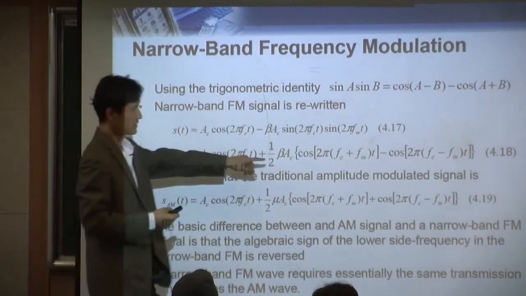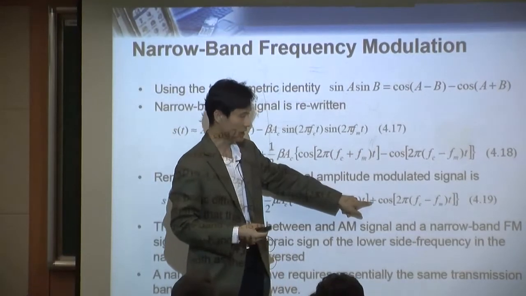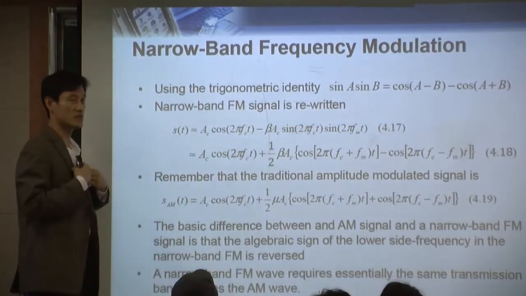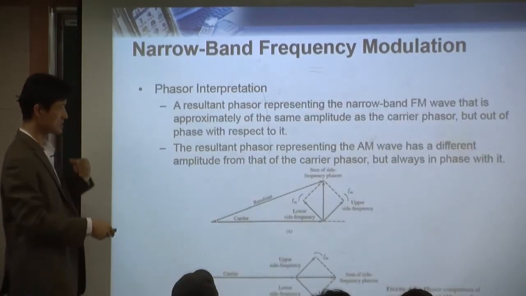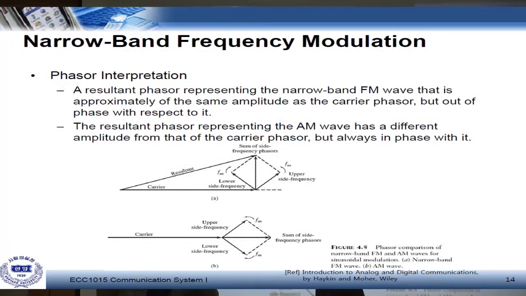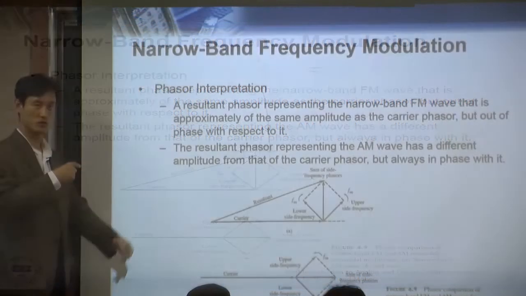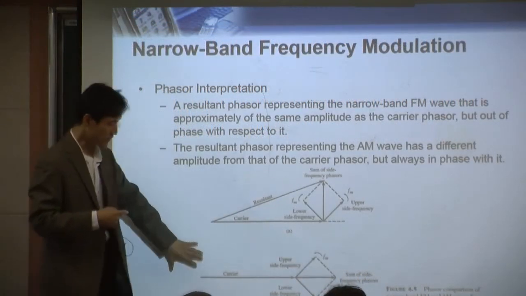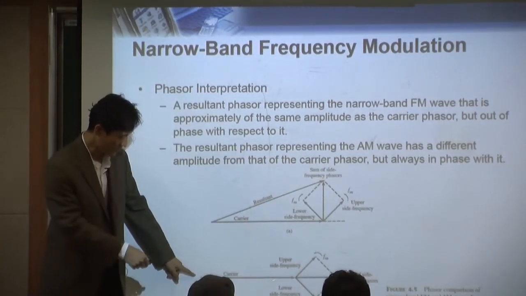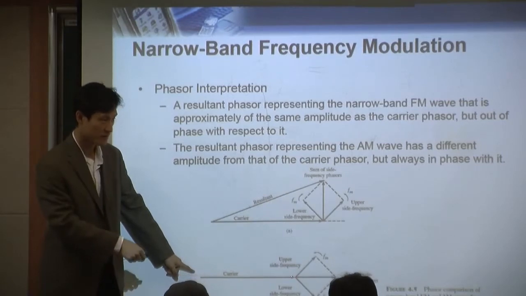But since we have a minus here, and in the original amplitude modulation we have a plus, let's draw these in phasor notation. So this is the figure, the phasor interpretation. It shows two different figures. The upper one is the case of narrowband FM. The second one is the original amplitude modulation. In the amplitude modulation, the big arrow is the carrier.